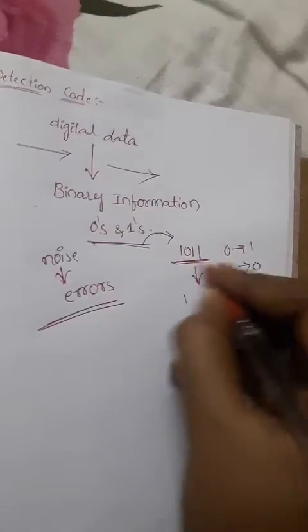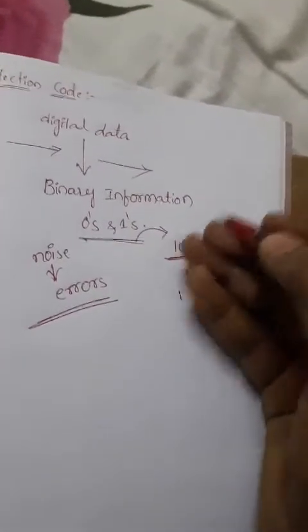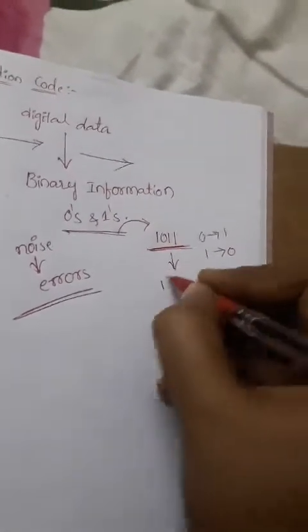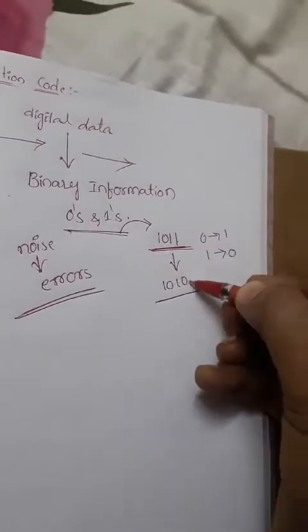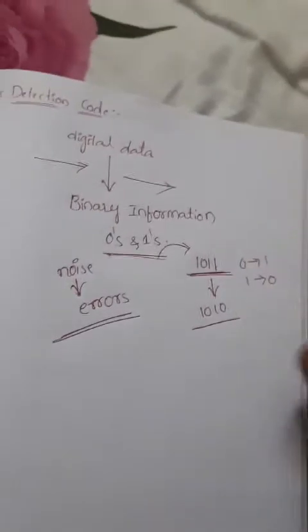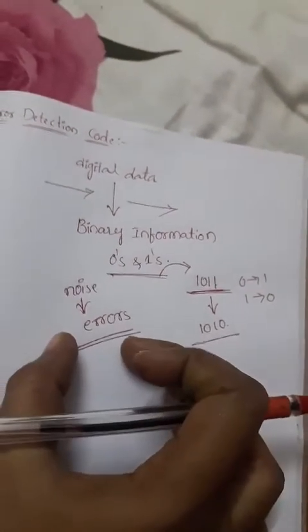The actual information is 1011. If any errors are added, the data may become like 1010. That means a 1 can change to 0 or a 0 can change to 1. So if any error is added, the actual binary information completely changes.